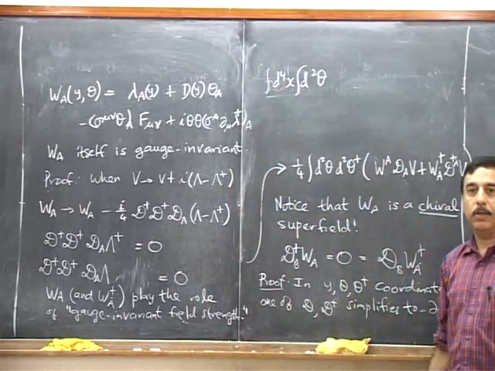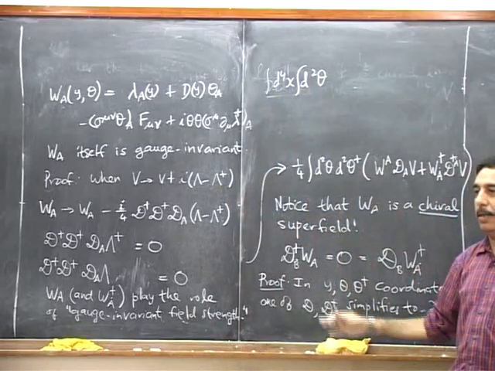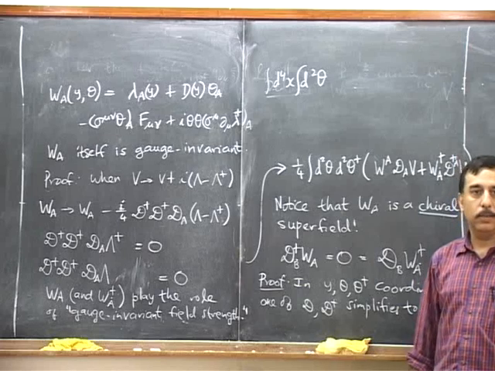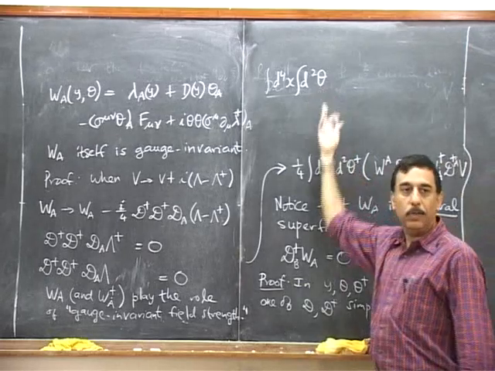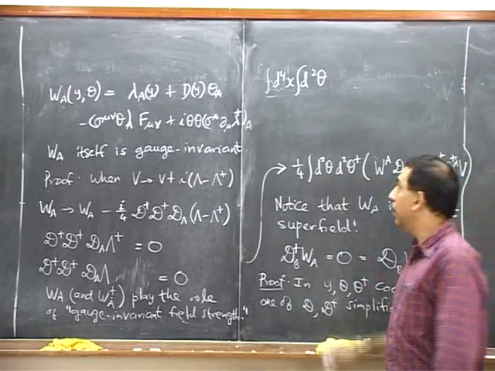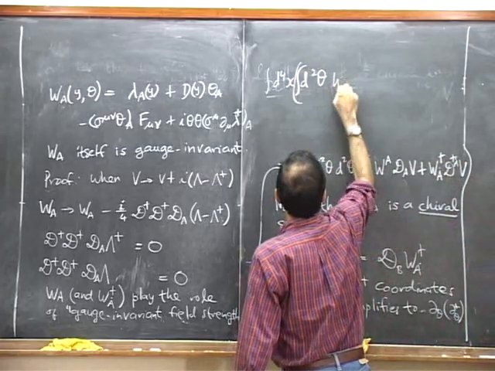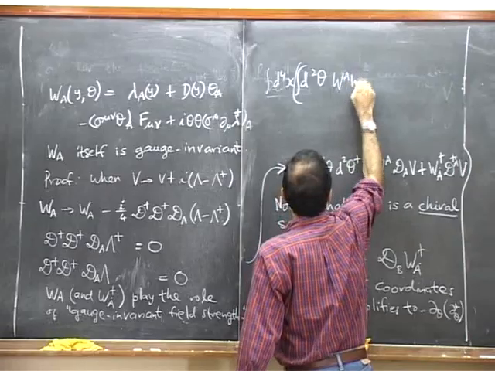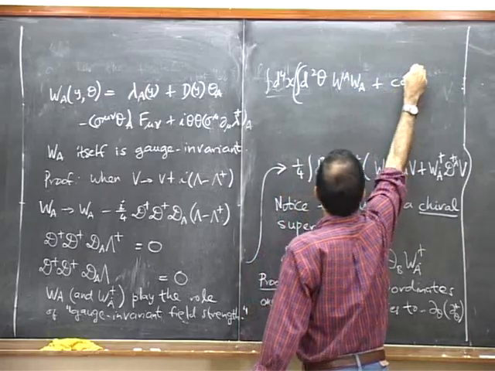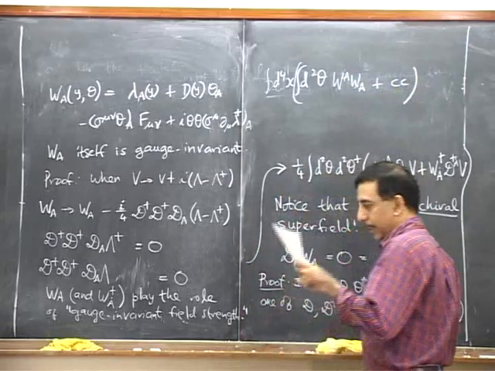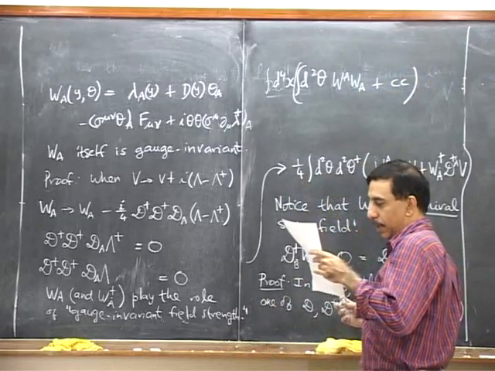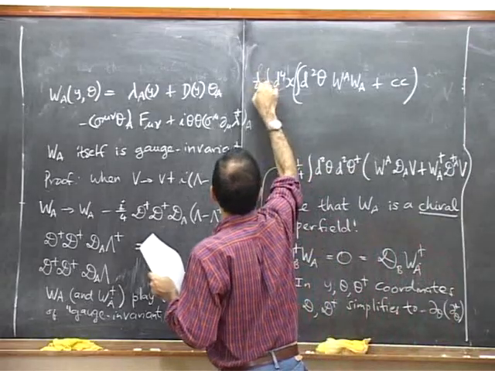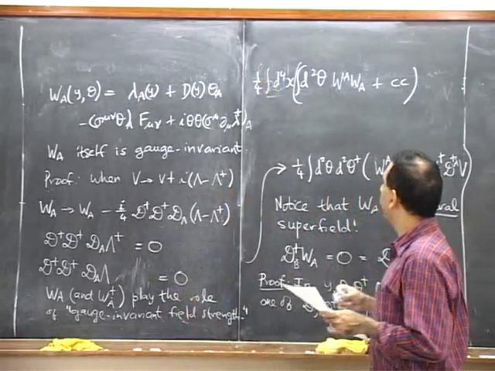And that's consistent because if W is chiral, then 2 W's is chiral, no W dagger in it, and then I can only integrate it over d^2 theta, not d^2 theta dagger. So this W_alpha W^alpha plus its complex conjugate is a candidate kinetic term, and my claim is that it occurs with coefficient plus 1/4.